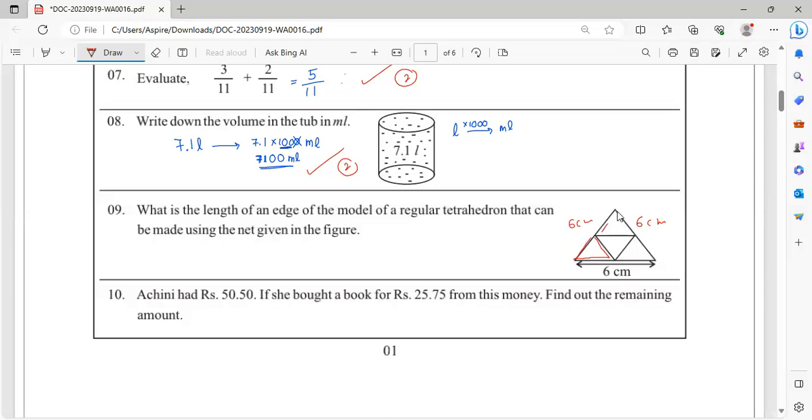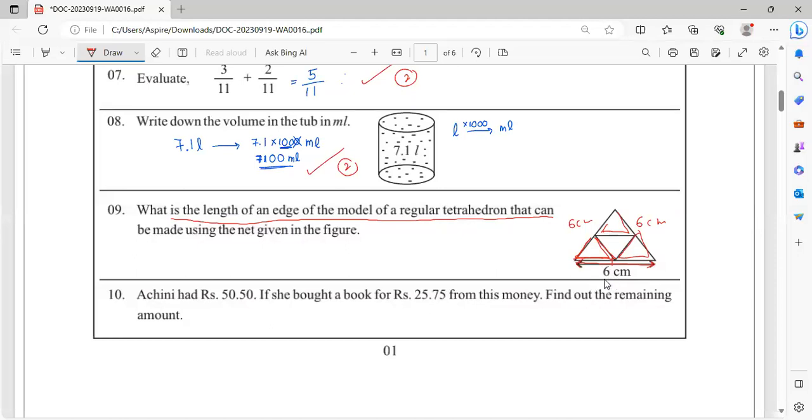Edges of a tetrahedron. Okay, tetrahedron එක edges තමයි මේ තියෙන්නේ. එතකොට එක edge එකක් කීයක් වේද කියලා අහනවා. What is the length of an edge of the model of regular tetrahedron? Okay, then to find the one edge, we have to divide the full length of the triangle into 2.